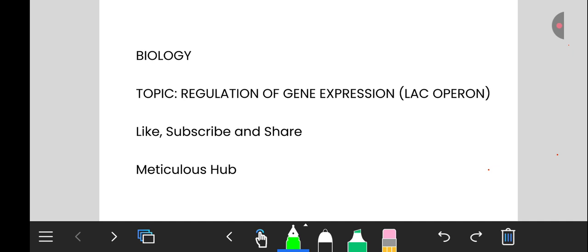We said it is just the process by which the information which is in a gene leads to the production of proteins. We defined what gene regulation or regulation of gene expression is. So we said that regulation of gene expression is just the steps or the processes which are involved to increase or decrease the production of a specific protein.